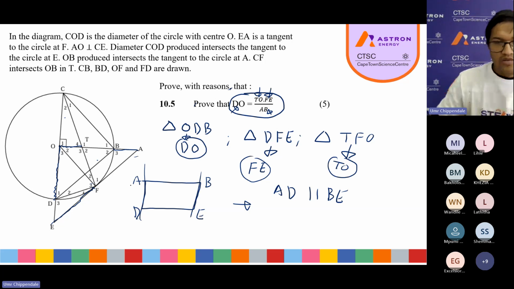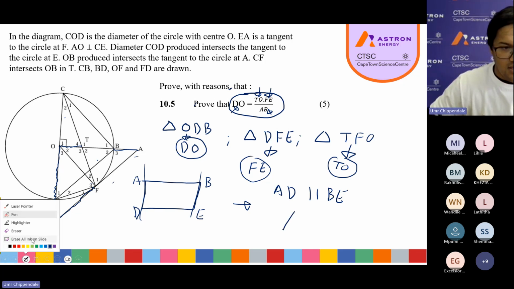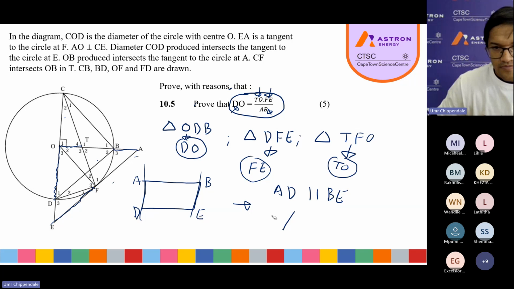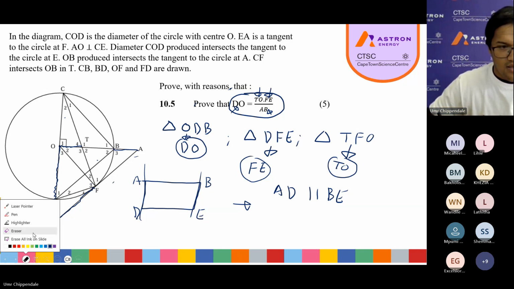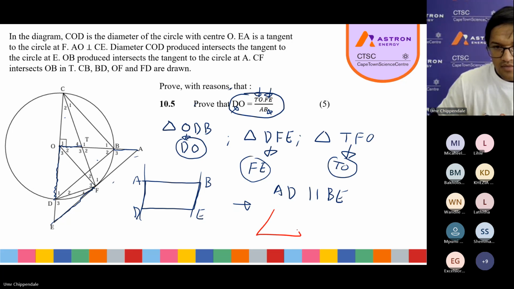Now, when it comes to triangles, it's slightly different. Let's say, for instance, we have a triangle. Let's name it A, B, C. Then we make a midpoint line between those two sides, and these two lines will be parallel with each other.